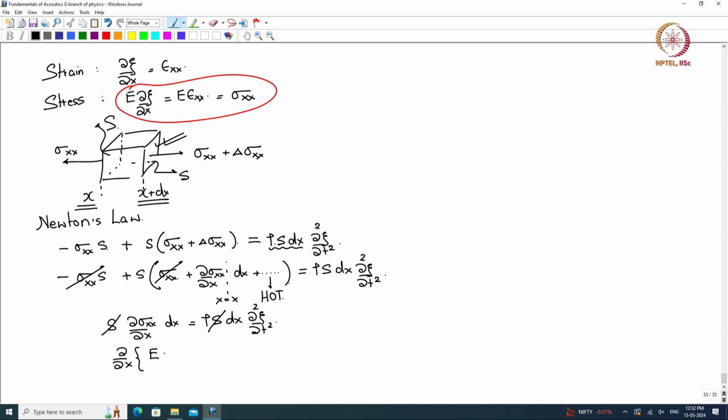E epsilon xx dx. Okay, so dx also can be cancelled. We cancel dx also, is equal to rho ∂²ξ/∂t², and now epsilon xx I replace by ∂ξ/∂x.